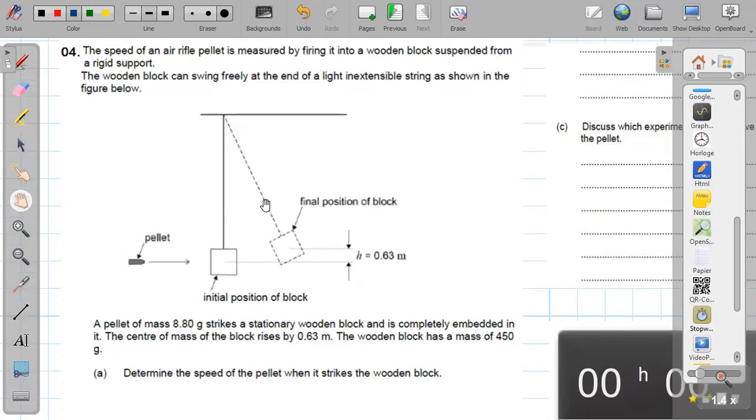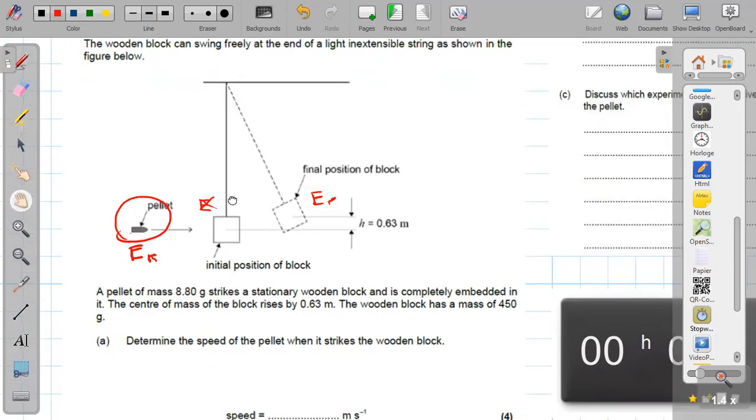The speed of an air rifle pellet is to be measured by firing into a wood block suspended from a rigid support. Initially it had no kinetic energy; at this moment, it has the potential energy, isn't that so?